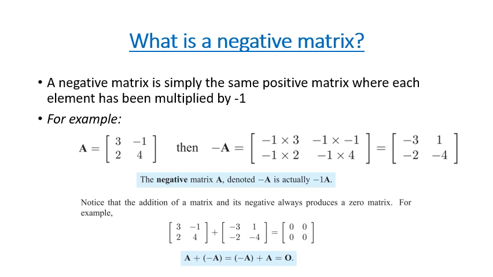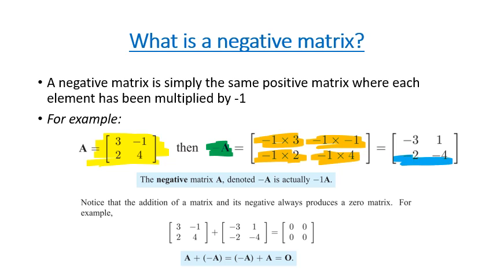here because we have a matrix labeled A. Then our negative A is essentially all of our A values multiplied by -1. So you can see that our final value for -A is the same as our positive A, but every element inside has been multiplied by -1.